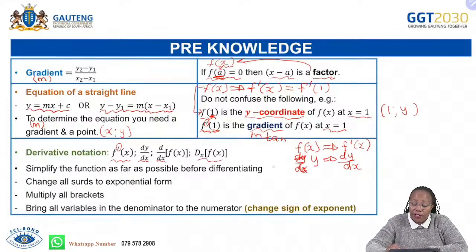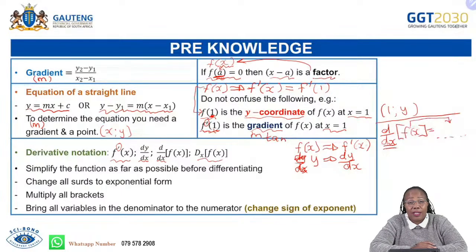Okay, if it is given as d dx of a function f at x, any function there, the minute I start deriving now, I will be focusing on the equation only. I do not write that d dx anymore. The same applies with the third one.